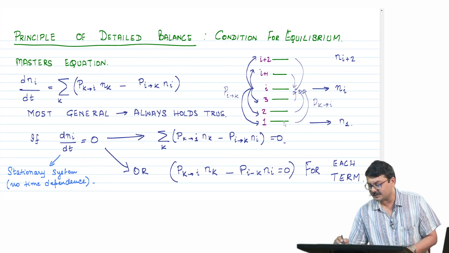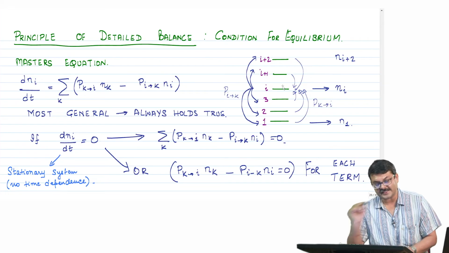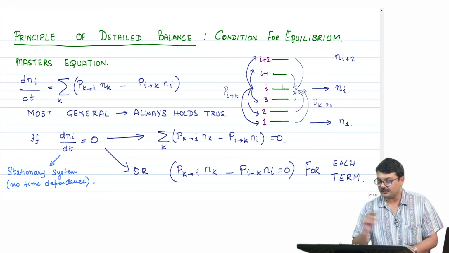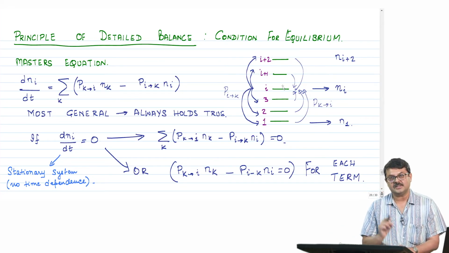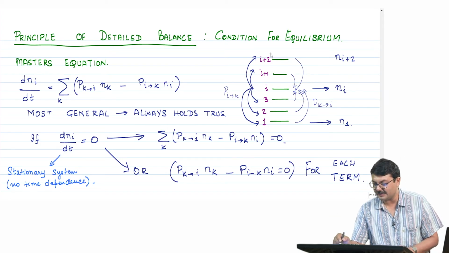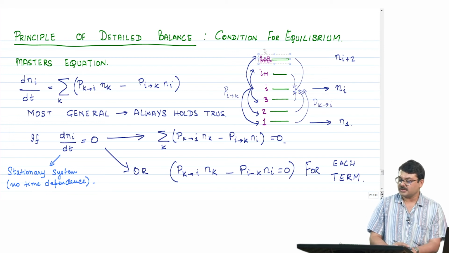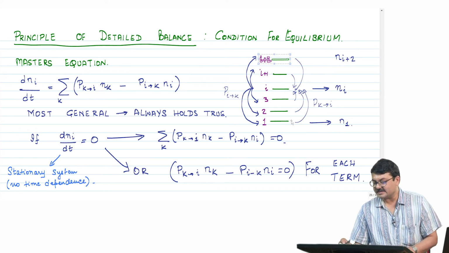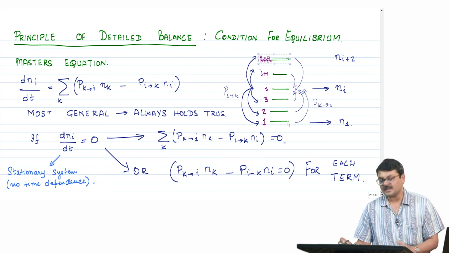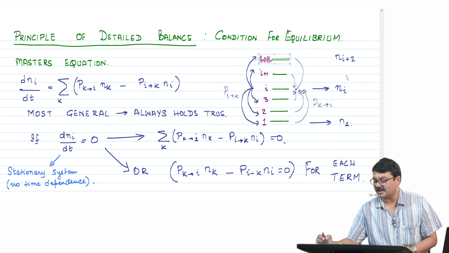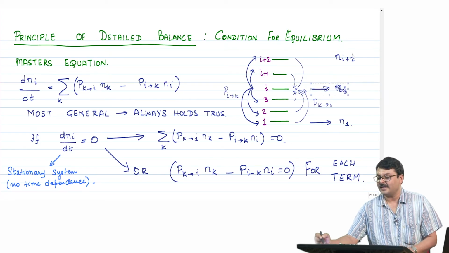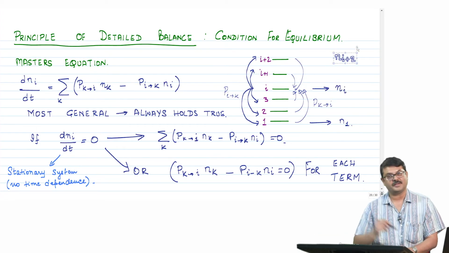But suppose there are some discrete energy states 1, 2, 3, 4 with energies E1, E2, E3, E4, Ei, Ei plus 1 and Ei plus 2 and so on so forth, and each has a population, a number of particles if you like, N1, N2, N3, N4, Ni, and then the higher state is Ni plus 1.